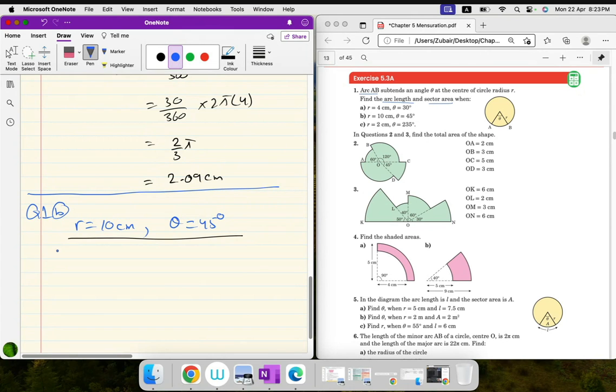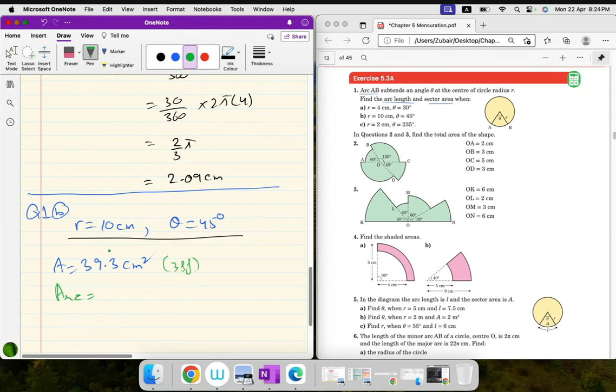Sir, 39.2 means 39.3. Area is 39.3. Very good. Centimeter square. Then the arc length. What's the area? This was the arc length.